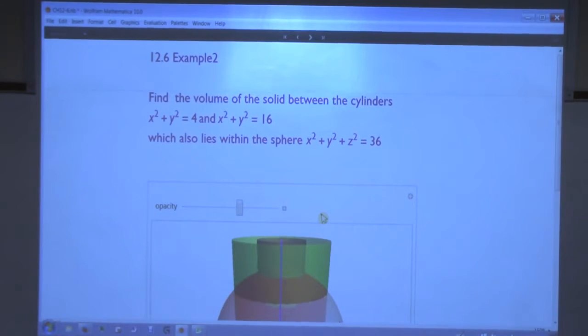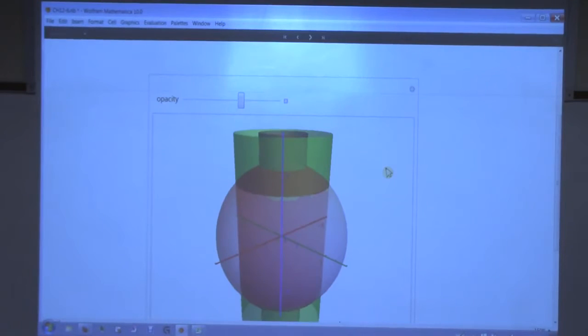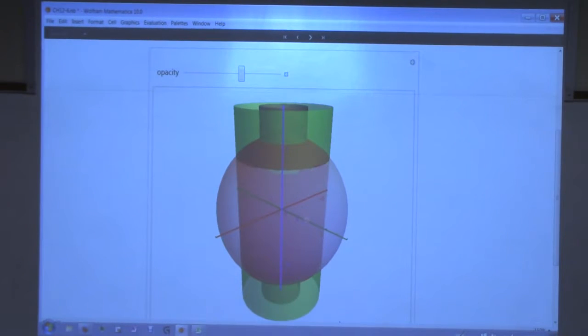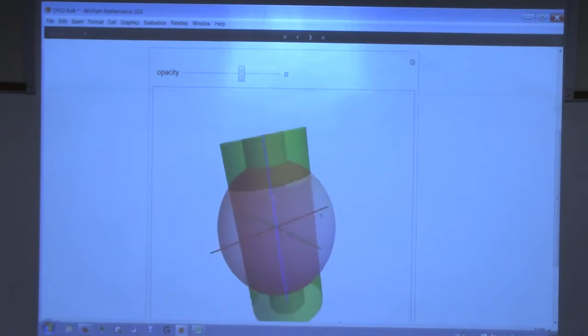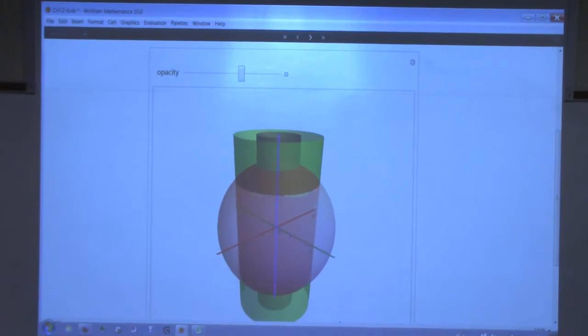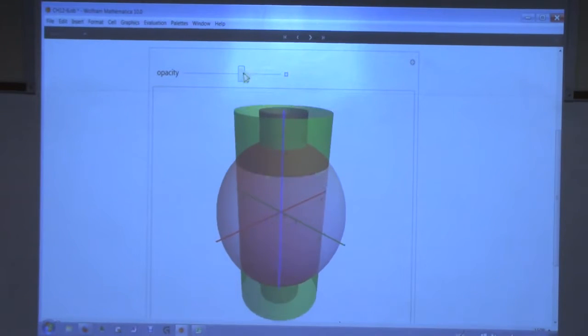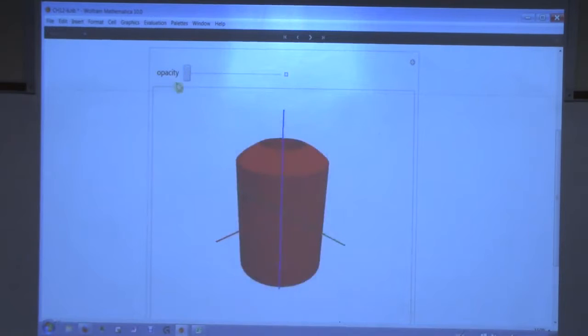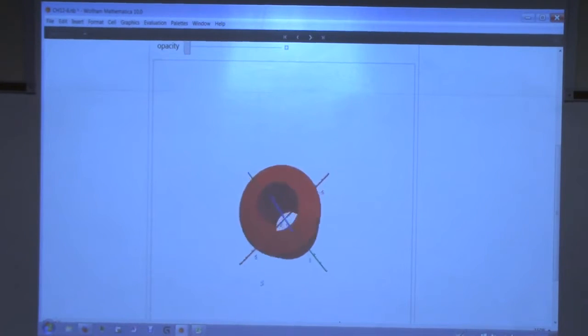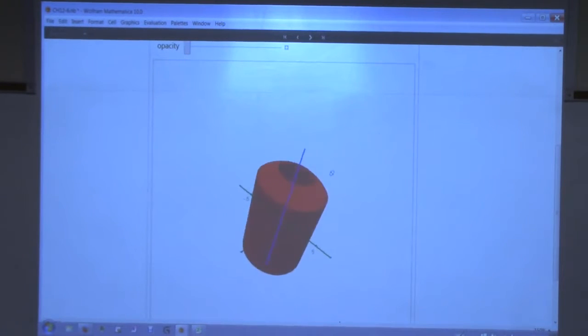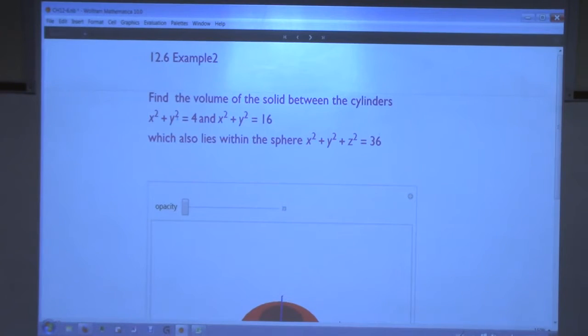This is almost the same problem, but it's a volume problem. So you're trying to find the volume of the solid between two cylinders and inside of a sphere. You can do that with a triple integral, can't you?